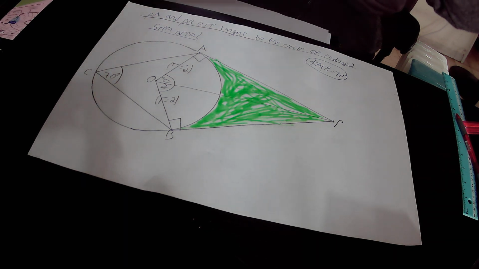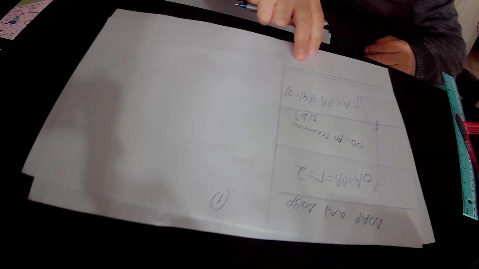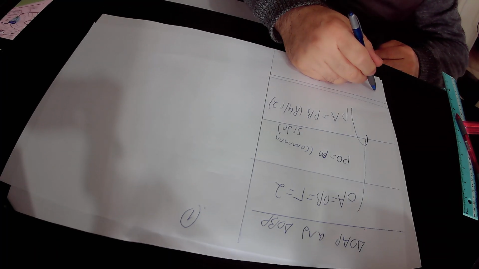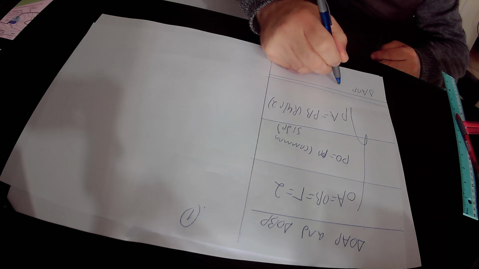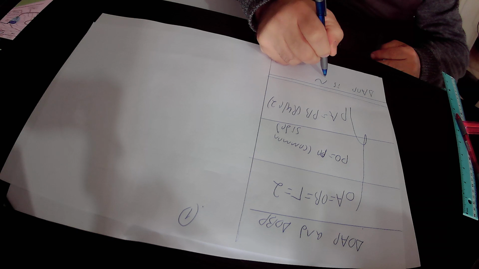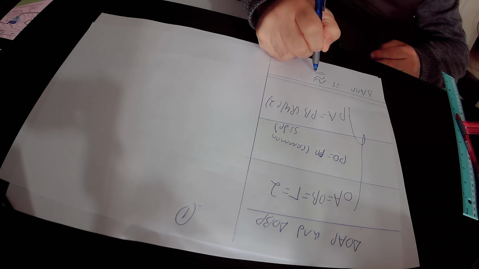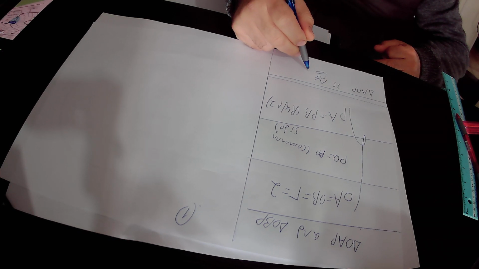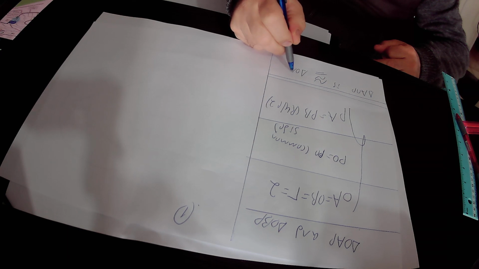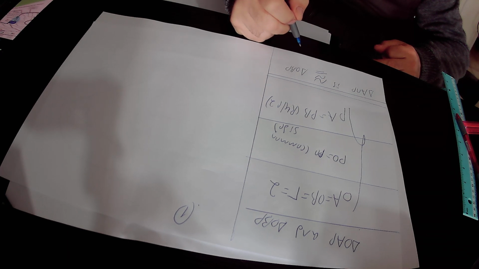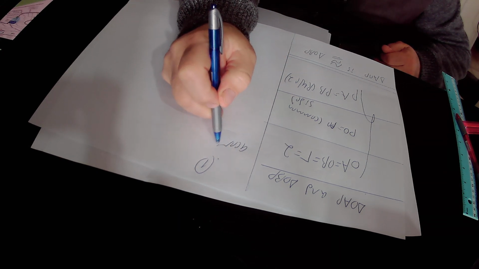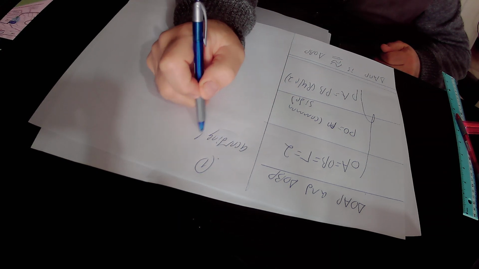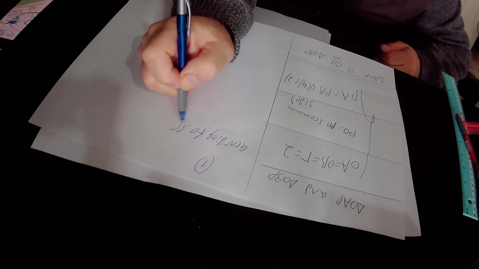So I write it down: the upper right triangle AOP is congruent to the right lower triangle OBP according to the side rule.